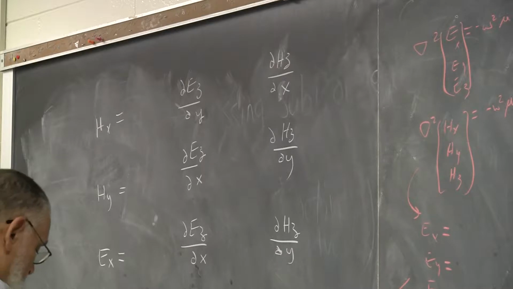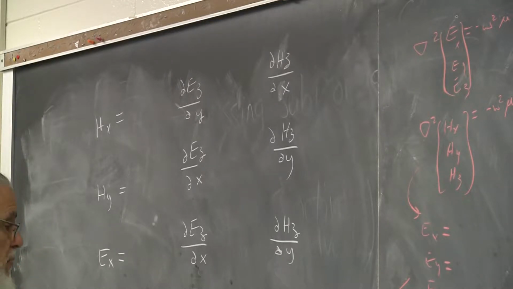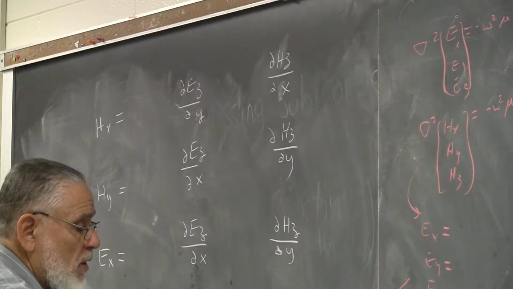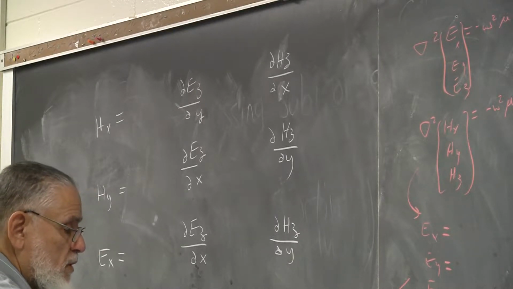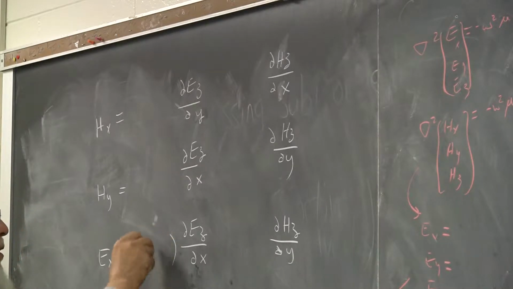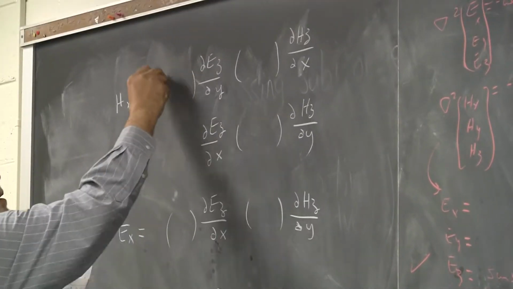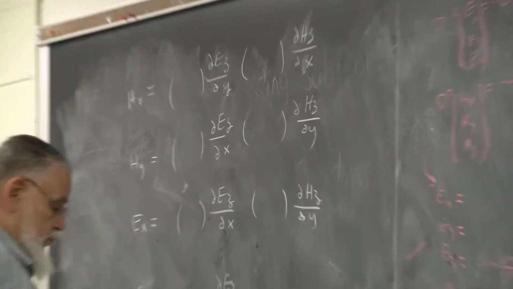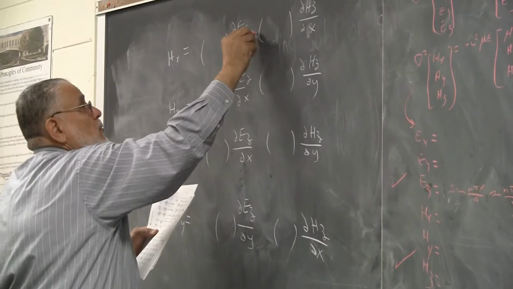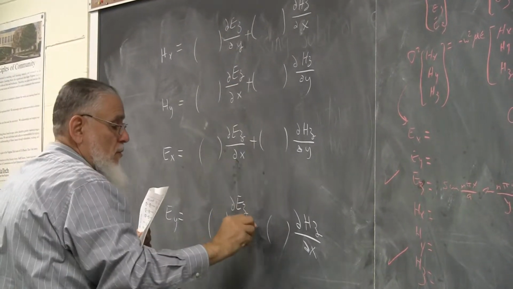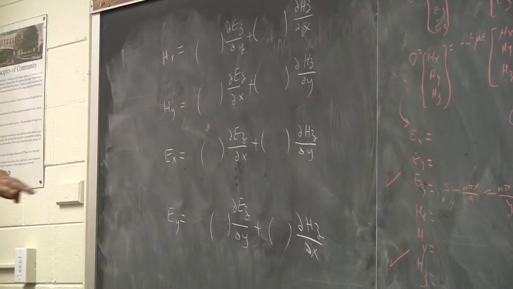And this one will have partial E sub z partial y and partial H sub z partial x. There will be coefficients here in all of these. And we'll say a plus in all of these. We can manipulate those and get them in that format, okay?